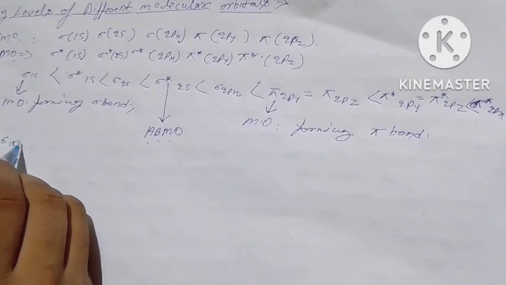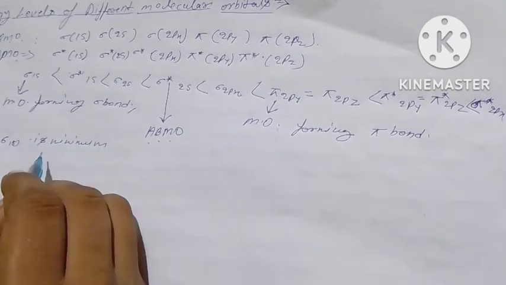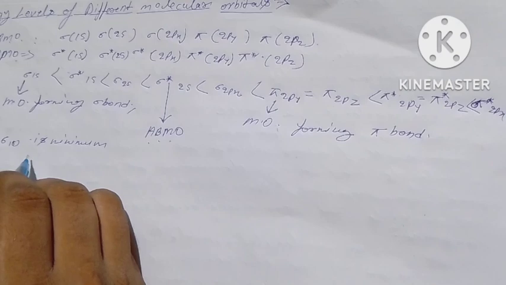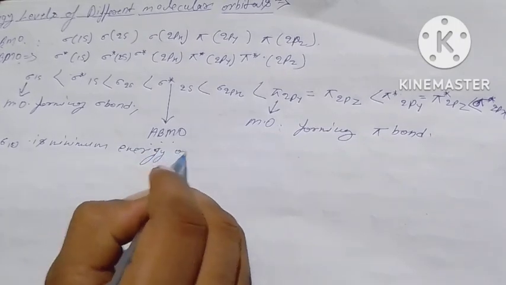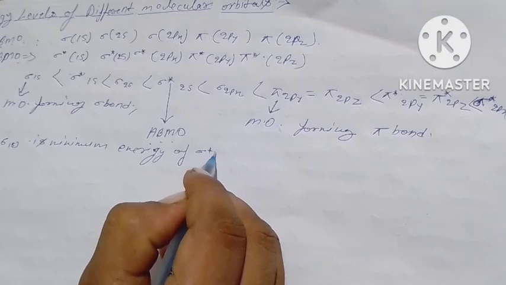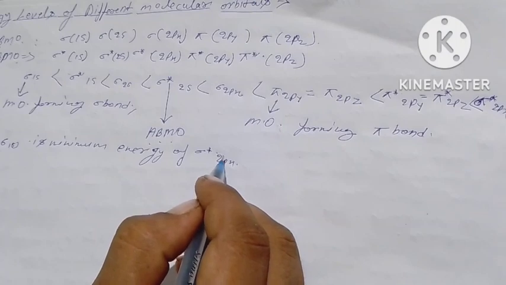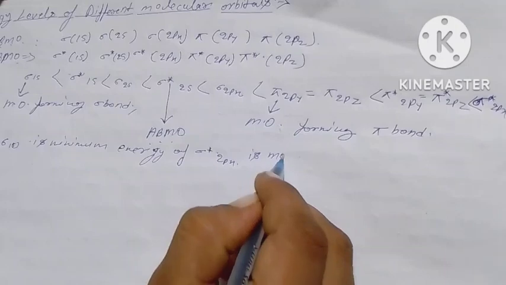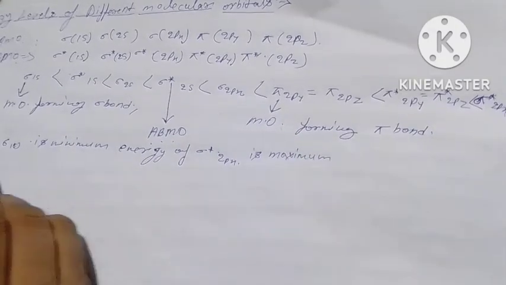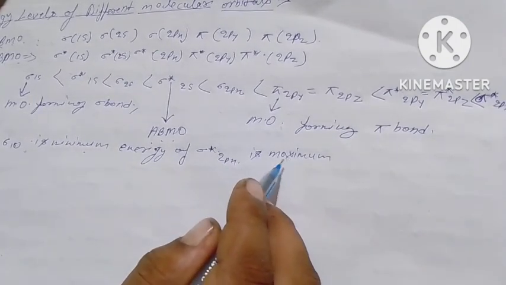The energy of sigma 1s is minimum, and the energy of sigma star 2px is maximum.